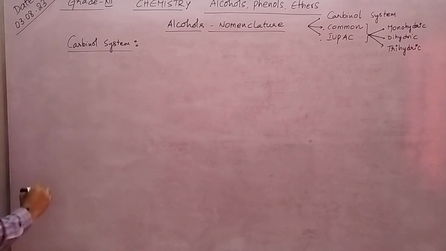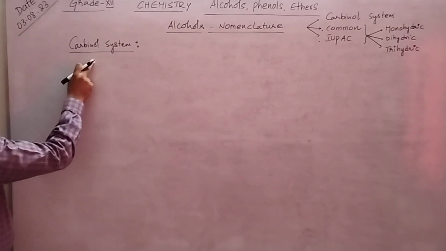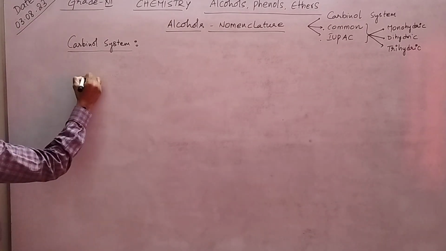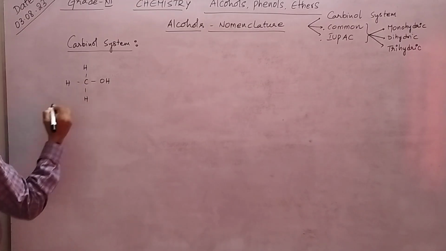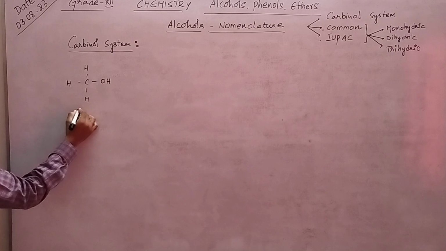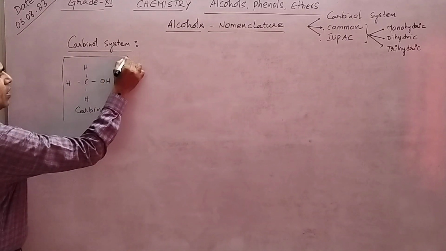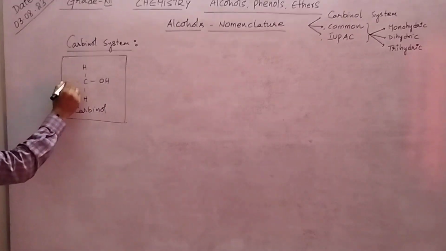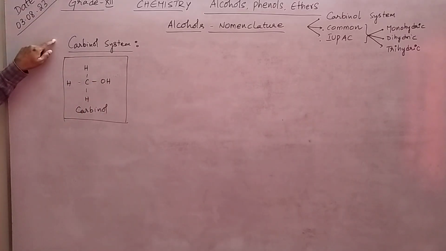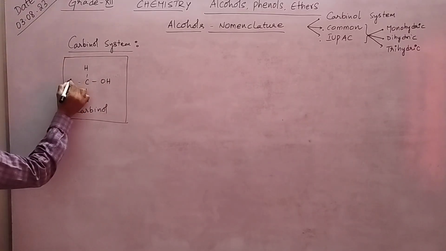See here, methyl alcohol derivatives are studied under the carbinol system. So let us see what is carbinol. Methyl alcohol or methanol is known as carbinol. In this compound, we are going to replace the hydrogens and write the nomenclature. Let us see the first one.